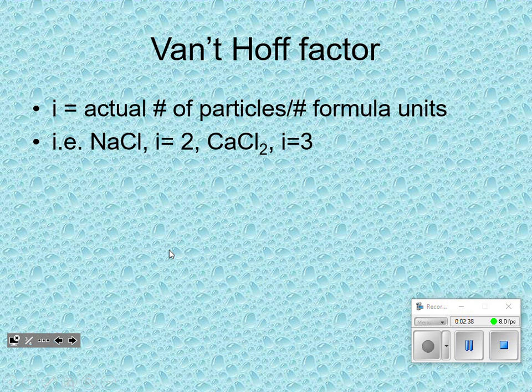If I were to dissolve calcium chloride in water, there'd be 3 particles, 1 calcium, 2 chloride ions. The Van 't Hoff factor is trying to help determine how many particles are dissolved in water.